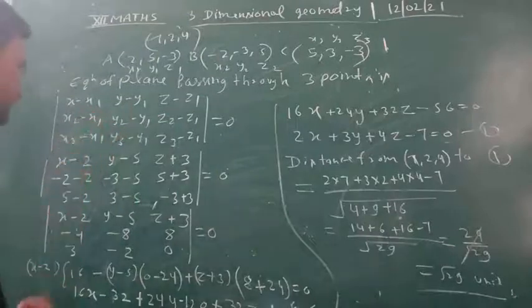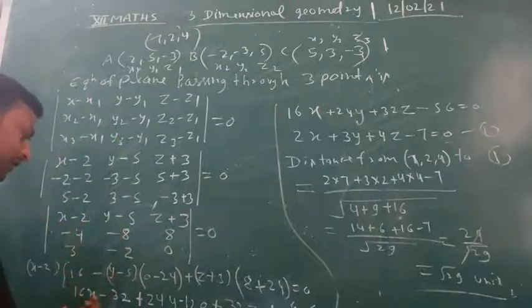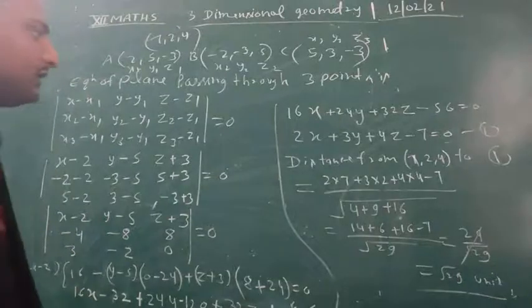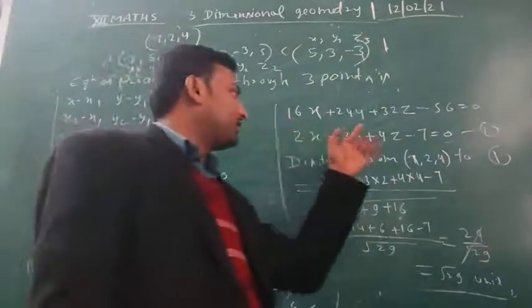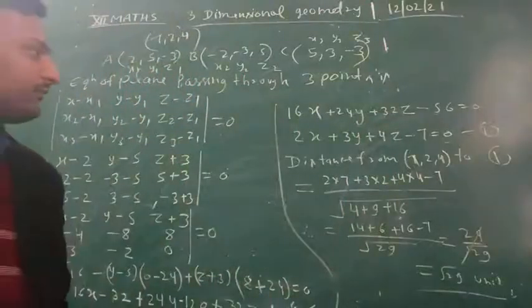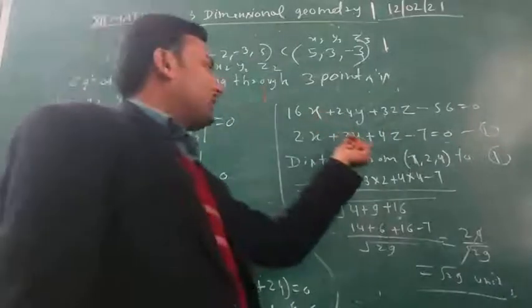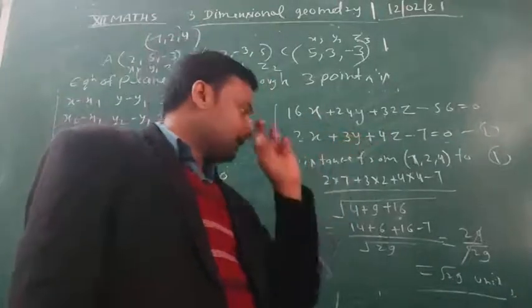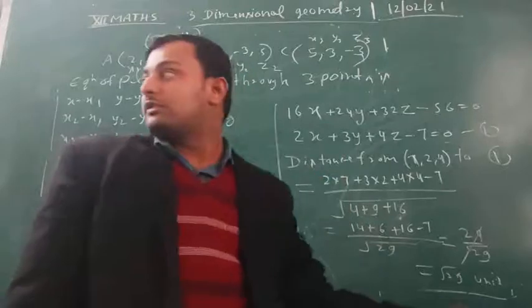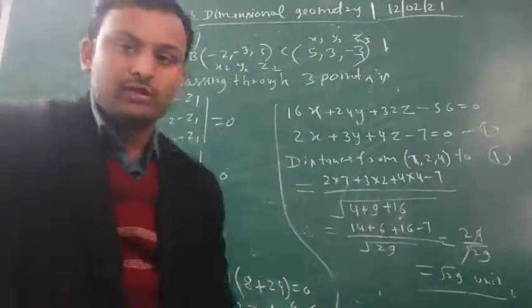When we substitute the values and expand this, we get the equation of the plane, which is 2x plus 3y plus 4z minus 7 is 0. Okay students, and the perpendicular distance from the given point to the plane will be this. Okay, I hope you understand, students.